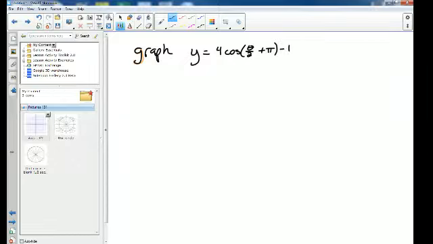Yeah, we're going to window pane. Remember the shape if we were to draw a cosine? There's your parent function.